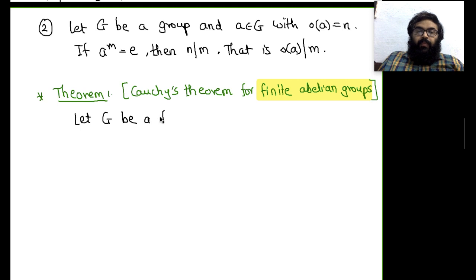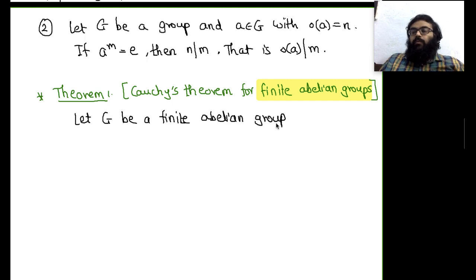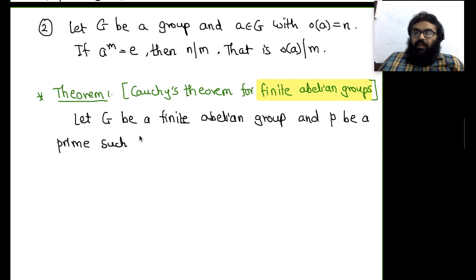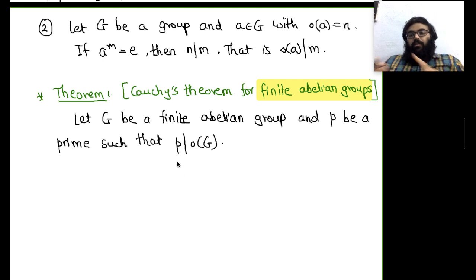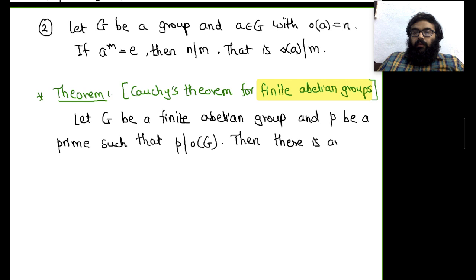Let G be a finite abelian group and p be a prime such that p divides the order of G. So we take a finite abelian group and a prime dividing the order of G. Then what Cauchy's theorem says is that there is an element a in G, a not equal to e, such that a raised to p equals the identity.